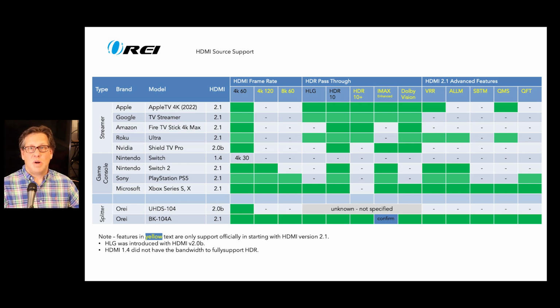And IMAX Enhanced also brings with it the audio signal that's riding on, the DTS:X, and that will pass through on this device. It will pass through all those immersive formats. My guess is it will. Maybe they just didn't go and get the certification from IMAX Enhanced, and they can then not talk about it.